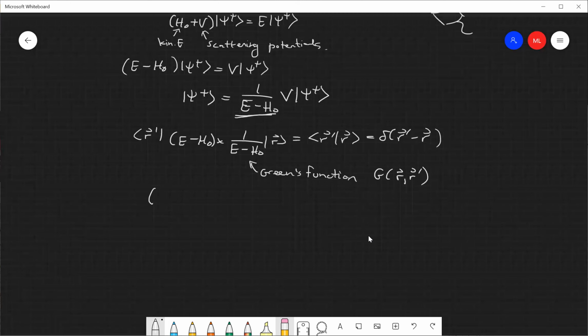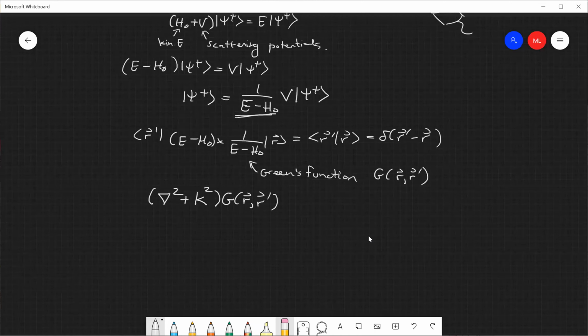We'll multiply through by 2m over h bar squared. So the Green's function equation will have the Laplacian kinetic term, and then minus H naught. This E is of course h bar squared k squared over 2m, but we're going to multiply through by 2m over h bar squared.